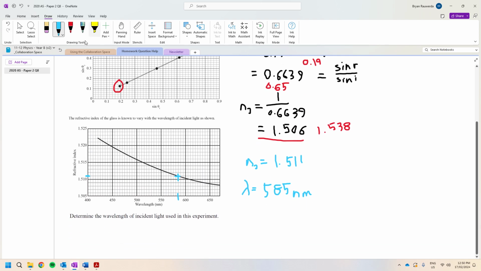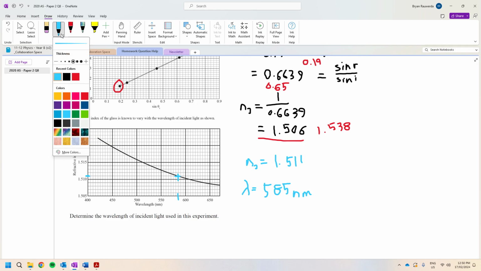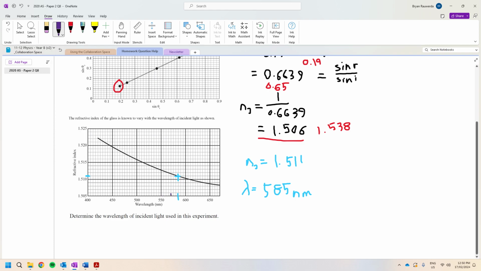The answer key says we can get anything between 570 and 600, so that gives us a refractive index allowed of about 1.51 to 1.53. Somewhere in that range is allowed.